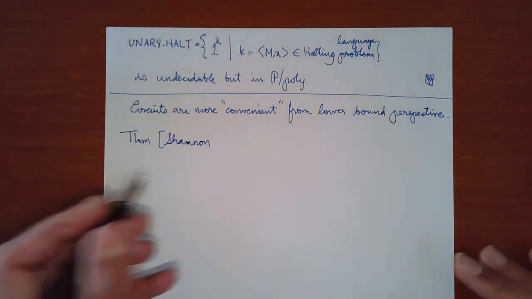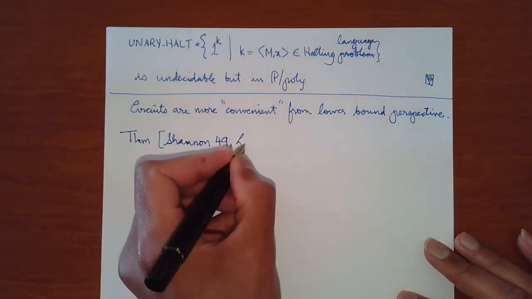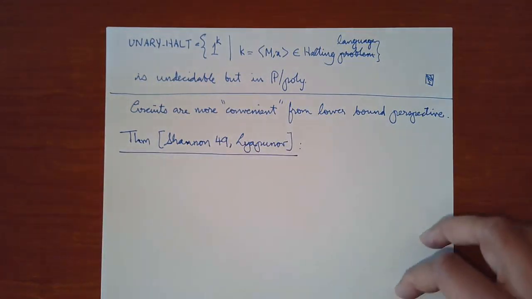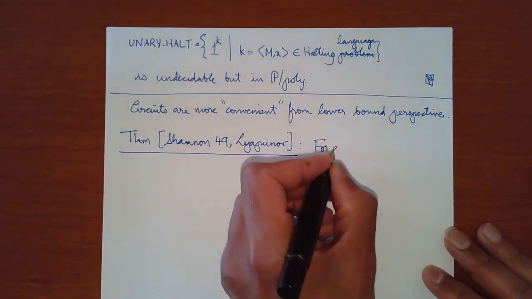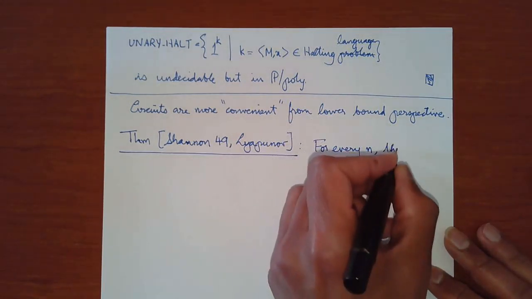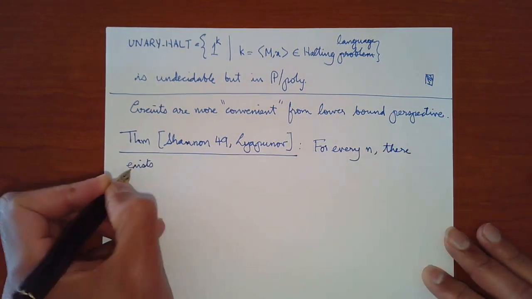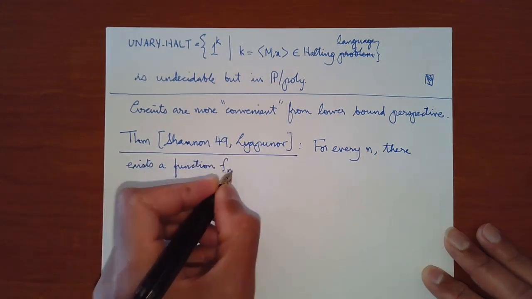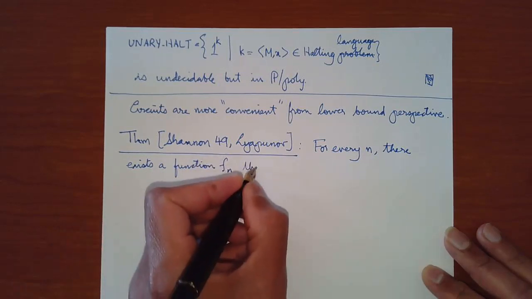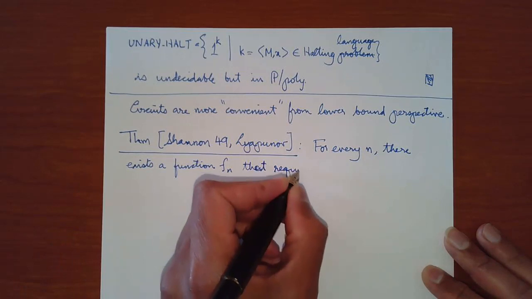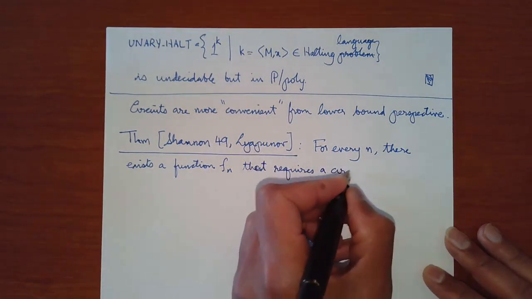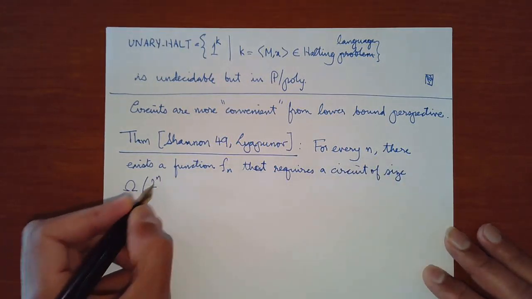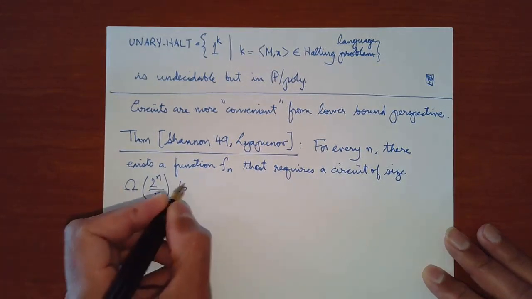What Shannon proved, in 49, and this was also proven by Lyapunov, is that for every n, there exists a function f_n that requires a circuit of size omega of 2 to the n divided by n to compute.